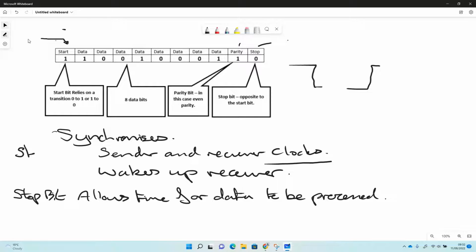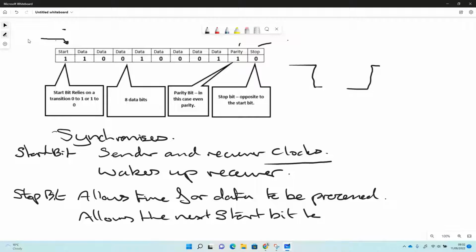This was the start bit. So it allows time for the data to be processed, and it also allows the next start bit to be recognized.